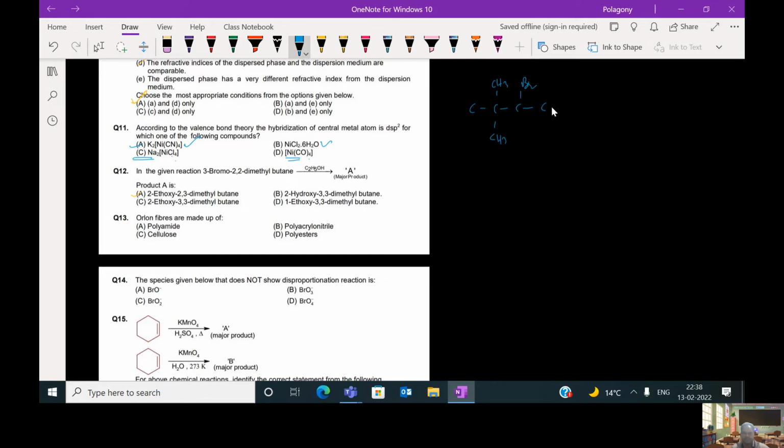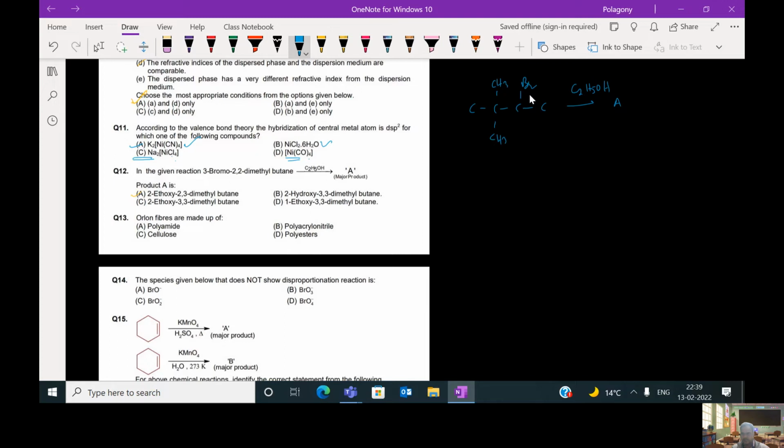And this compound is treated with C2H5OH. Then compound A is the major product. So what is the major product? We should answer here.